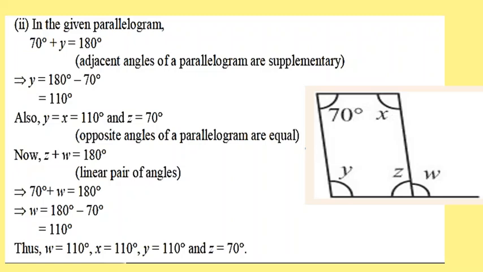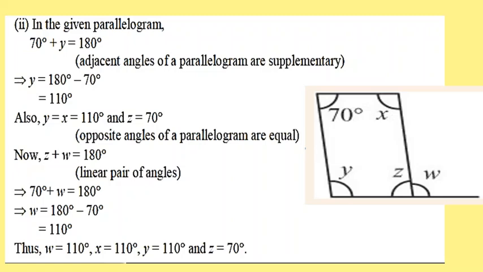Okay. Now consider only the parallelogram. Leave that W. 70 degrees, X, Z, Y. Four angles are there. See the picture, whether you can find any angle now. It is very similar to the previous problem. In the previous problem, one angle was given and three angles we had to find.